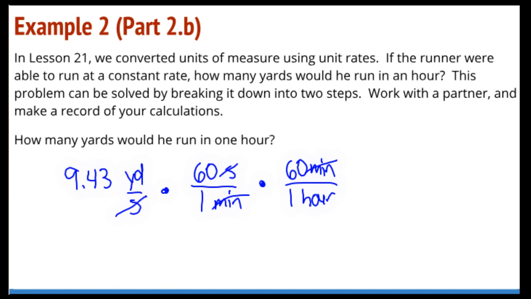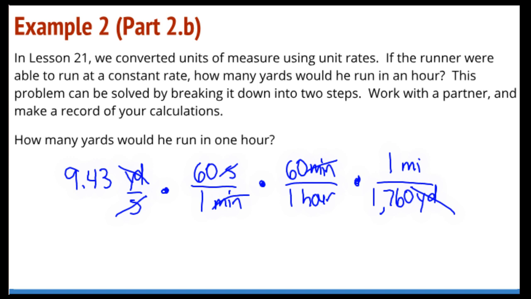So now I've got 9 43/100 times 60, and then times 60 more, and I would have yards per hour. But I would like to end up, and for this case I'm extending it a little bit, with miles per hour, and I would have 1 mile and 1,760 yards. So my yards will cancel out.